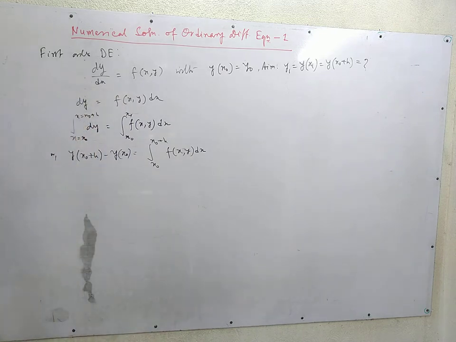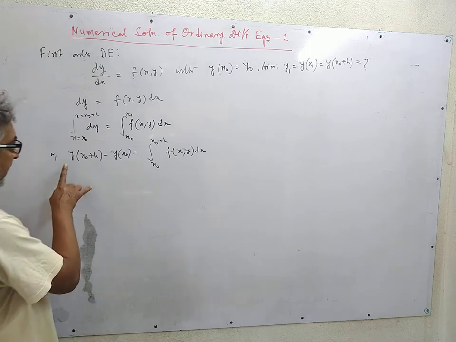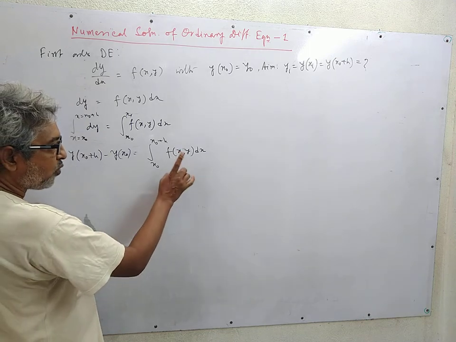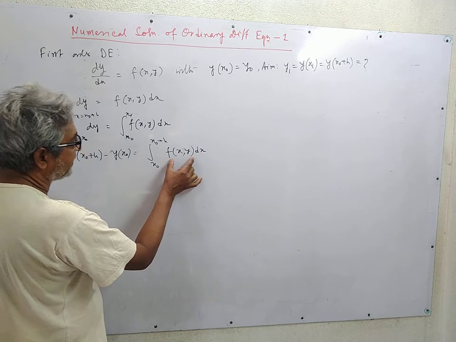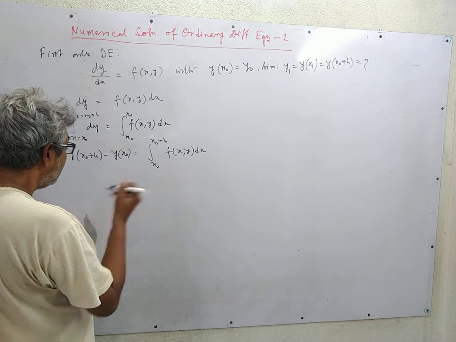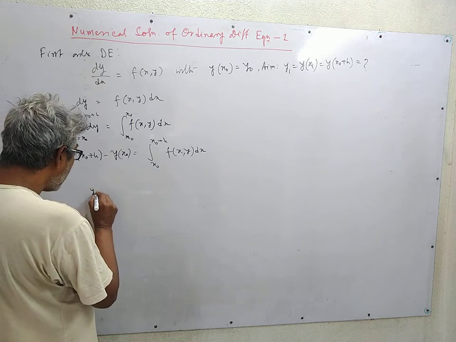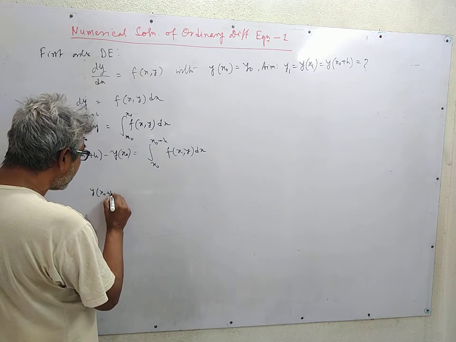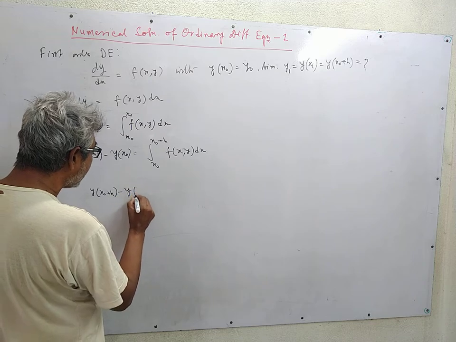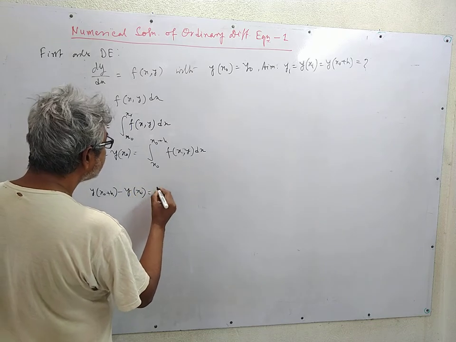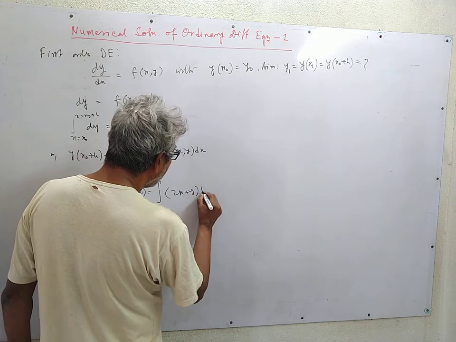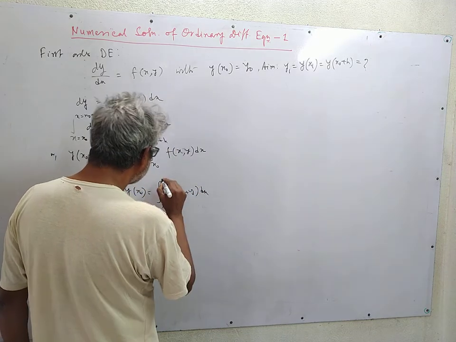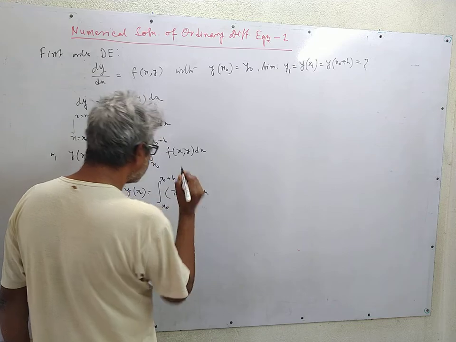The difficulty is that our aim is to find y, and y is involved in the right hand side through the function. For example, y of x0 plus h minus y at x0 is equal to the integral of 2x plus y dx from x0 to x0 plus h.